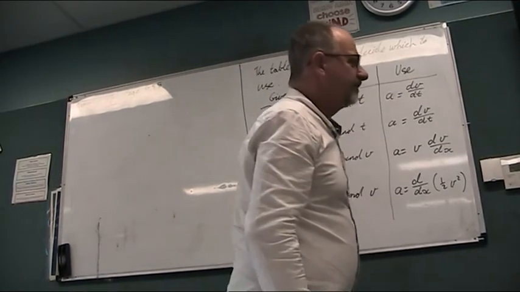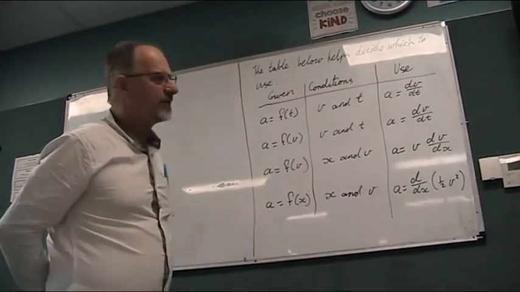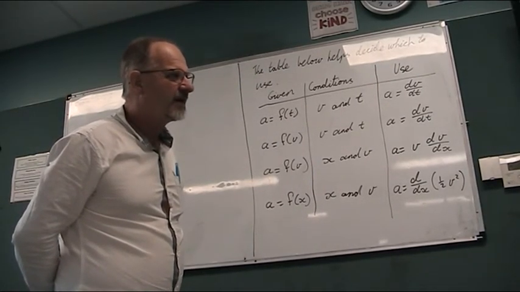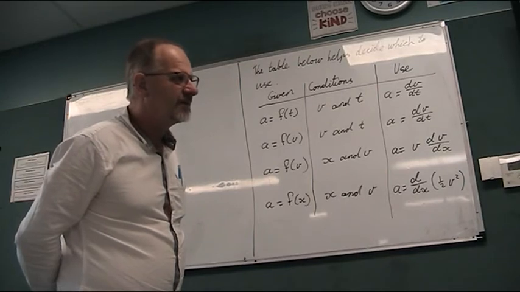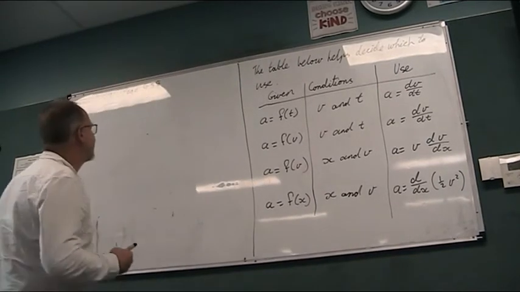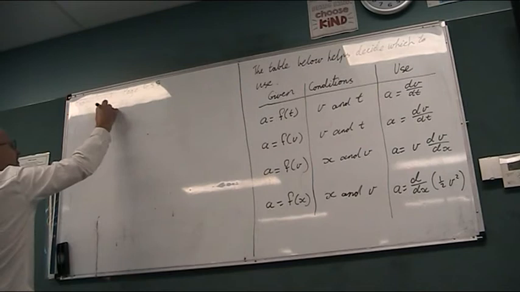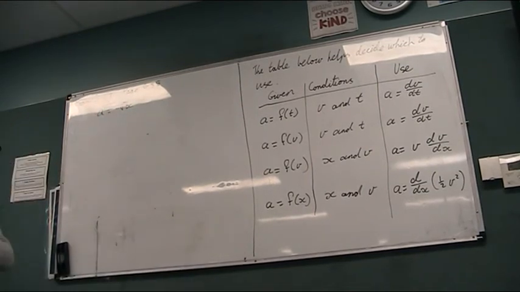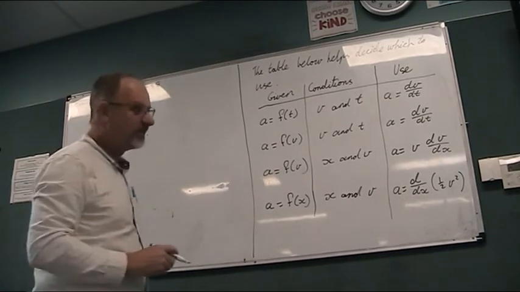A particle is moving in a straight line, its acceleration is a metres per second squared. a is negative square root x. All right, so we've got acceleration as a function of position.